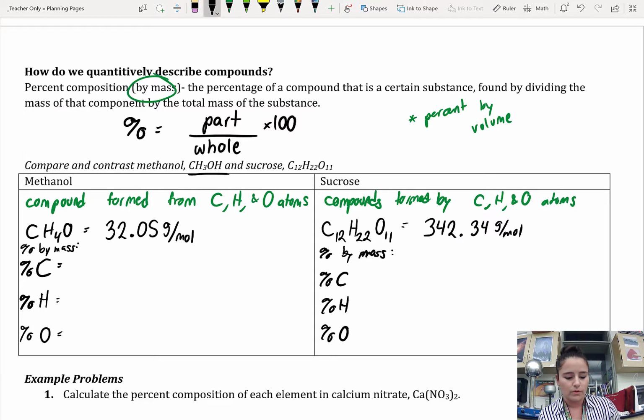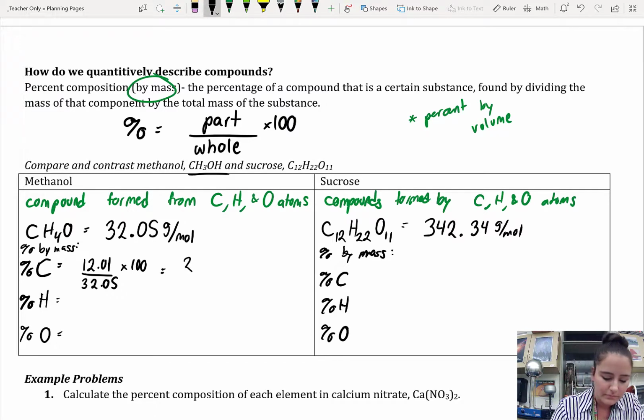Okay, so for carbon, we only have 1, so we would have 12.01 over 32.05, and then we times it by 100. So methanol is 37% carbon.